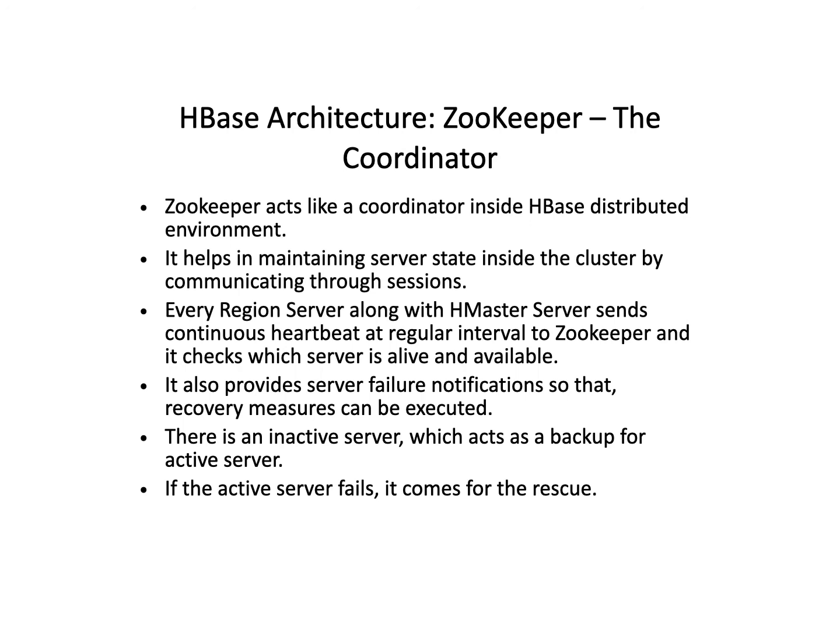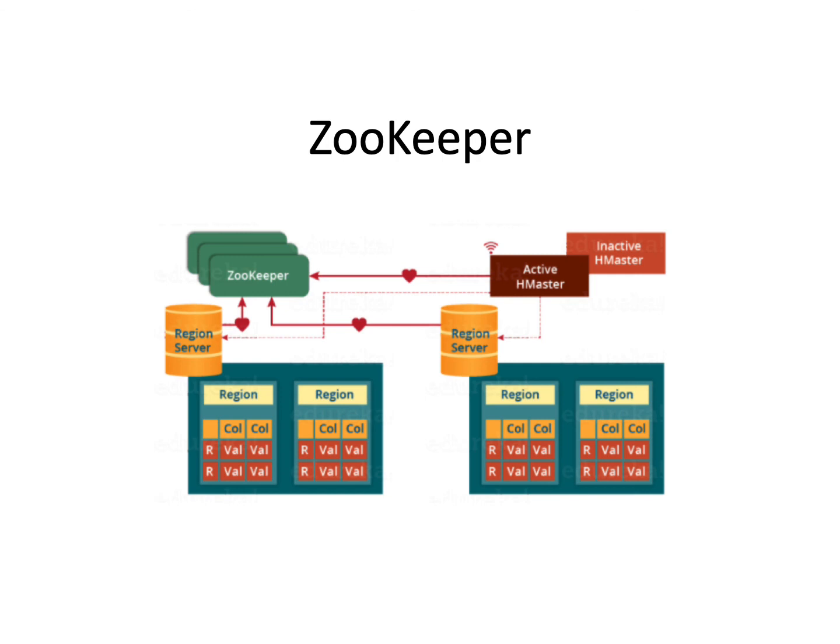Referring to the above image, we can see that there is an inactive server which acts as a backup for the active server, and if the active server fails, it comes to the rescue. When the active master fails, then it comes into operation.